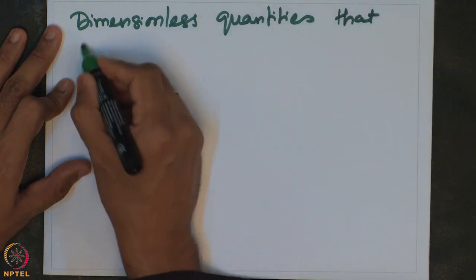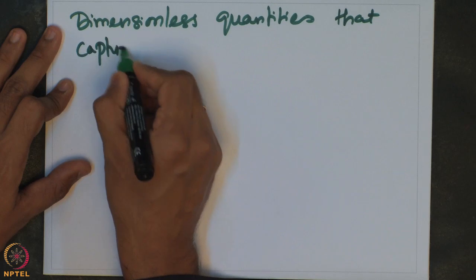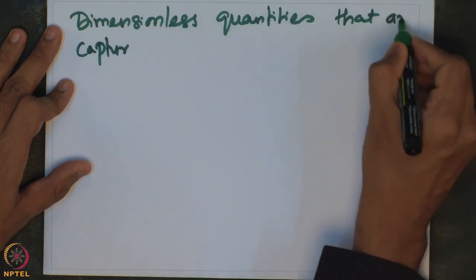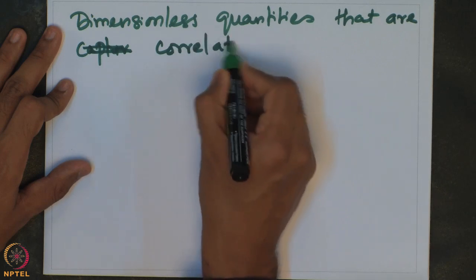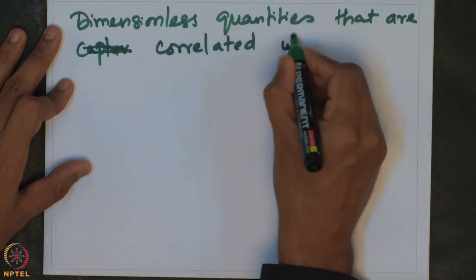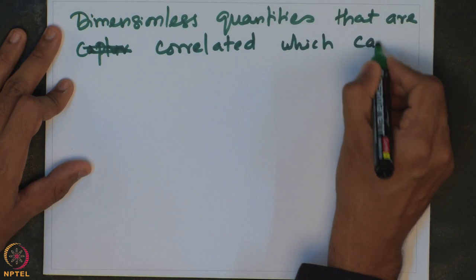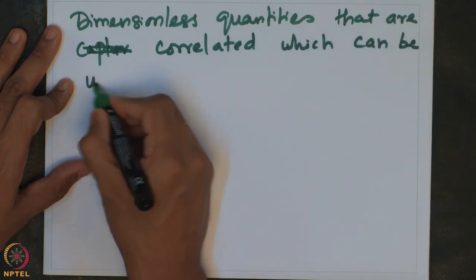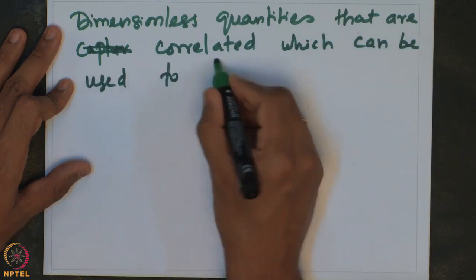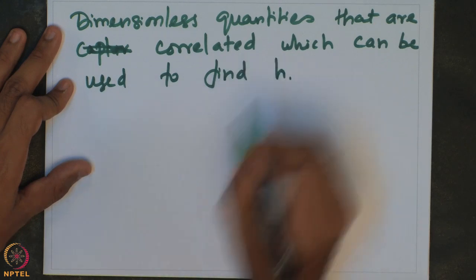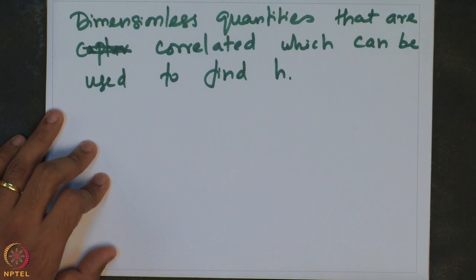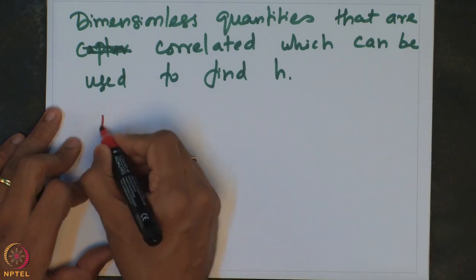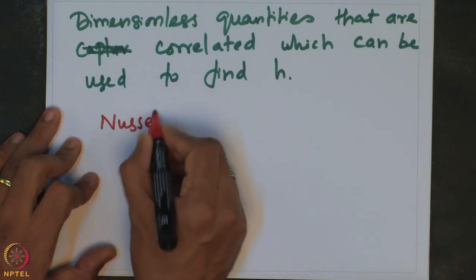that are correlated and can be used to find the heat transport coefficient h. Now, what are these dimensionless quantities? The typical dimensionless quantity is what is called the Nusselt number.